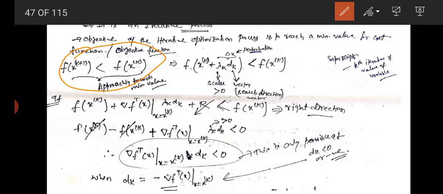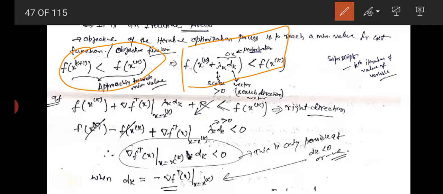What is the concept? First of all, we are at a point x, and the value calculated at that x is f(x). Now we add some perturbation to that x.